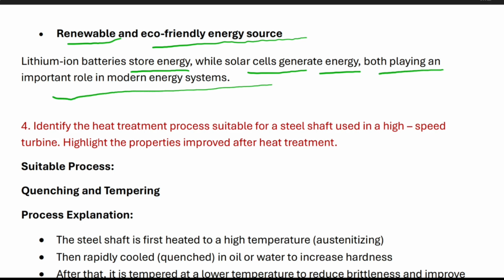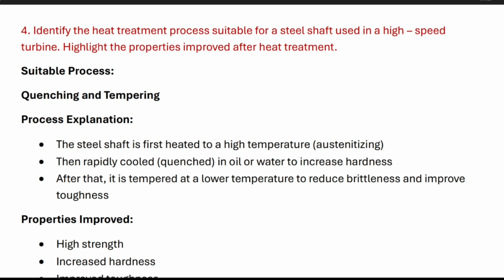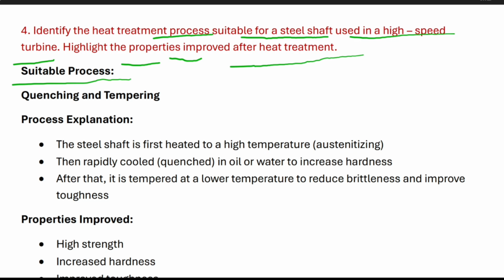Next question, identify a heat treatment process suitable for a steel shaft used in high speed turbines. Highlight the properties improved after heating. Which suitable process can we use? One is quenching and tempering. How will the process happen? Here we are explaining.